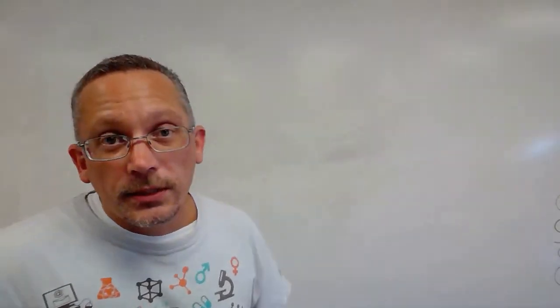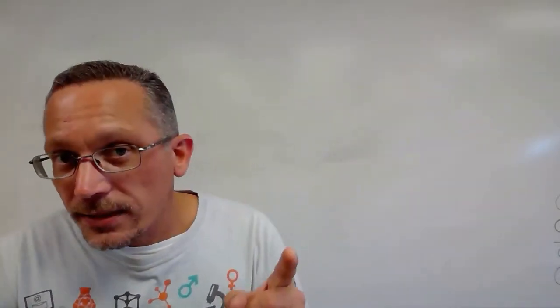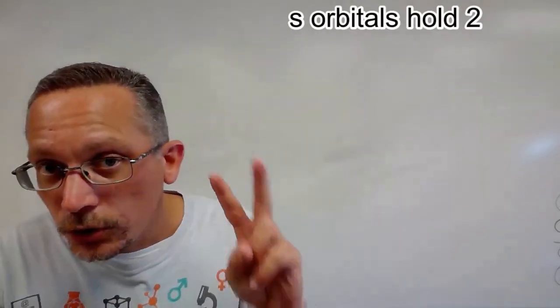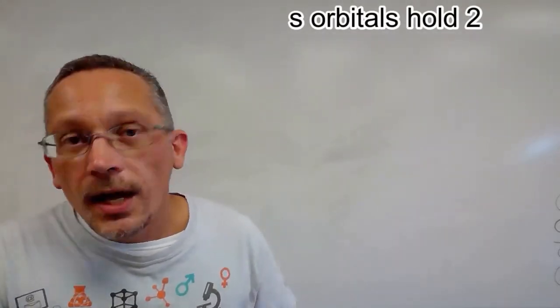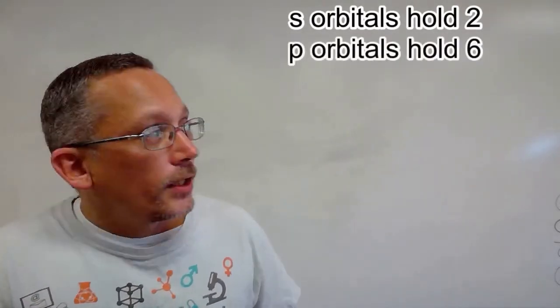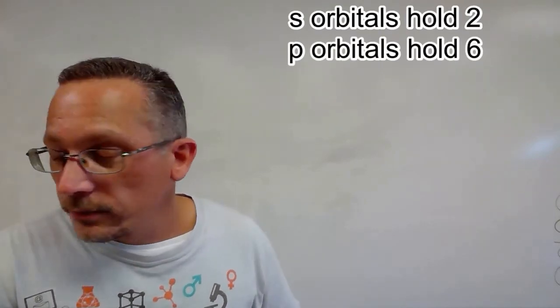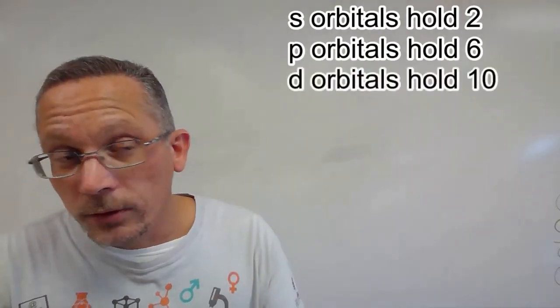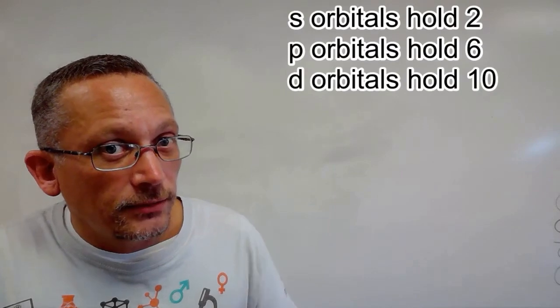One of the things that we need to know is that each orbital can only hold so many electrons. An s orbital can hold 2 electrons. A p orbital can hold 6 electrons. A d orbital can hold 10 electrons.